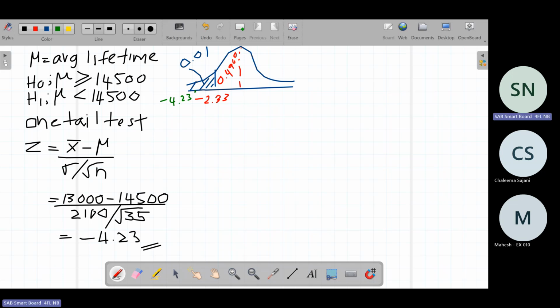Then the conclusion. Now H naught is rejected, which means we can accept the claim.